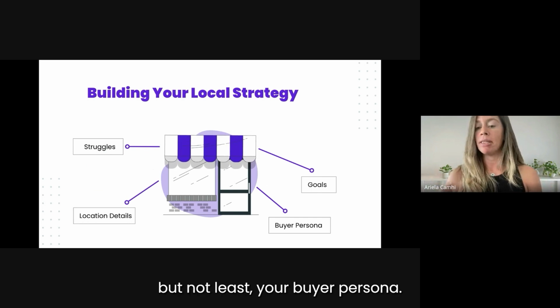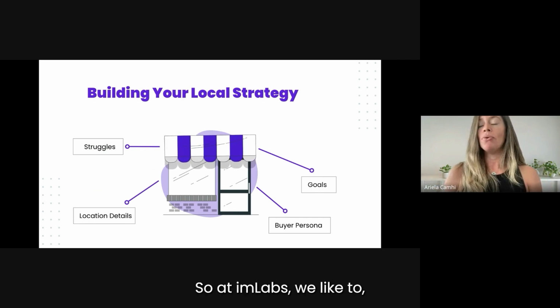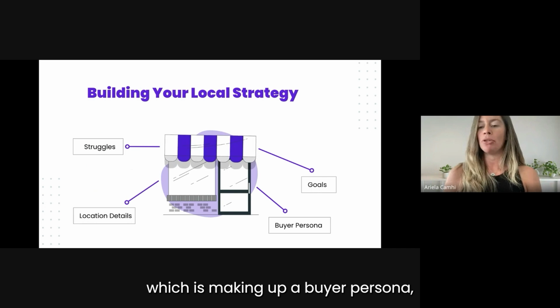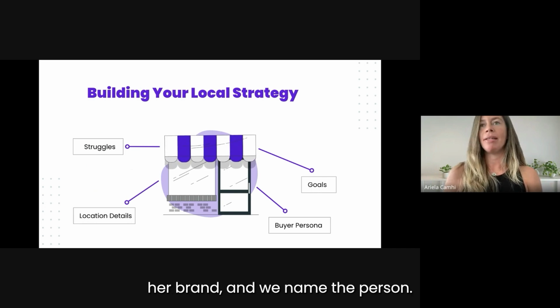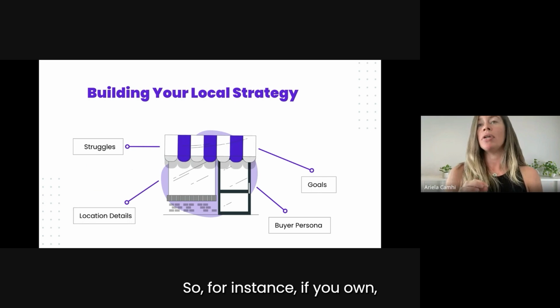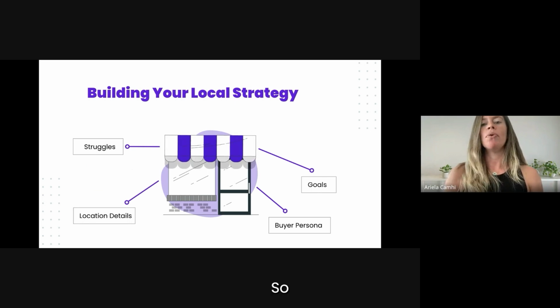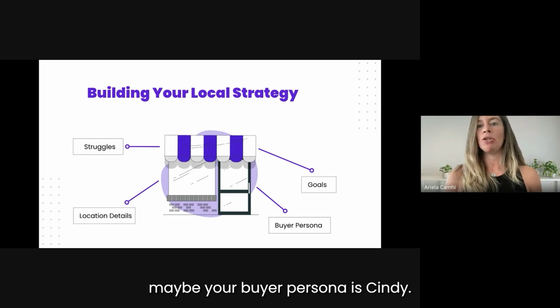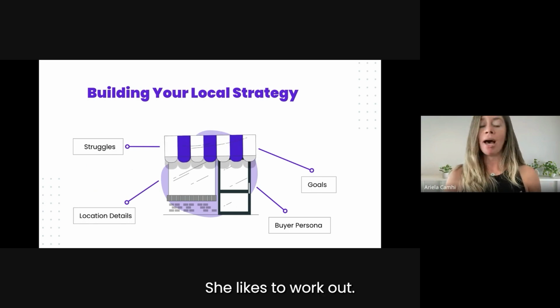And last but not least, your buyer persona. So at IAM Labs, we have an exercise that we like to do, which is making up a buyer persona per brand, and we name the person. So for instance, if you own an Orange Theory gym, maybe your buyer persona is Cindy. She likes to work out.